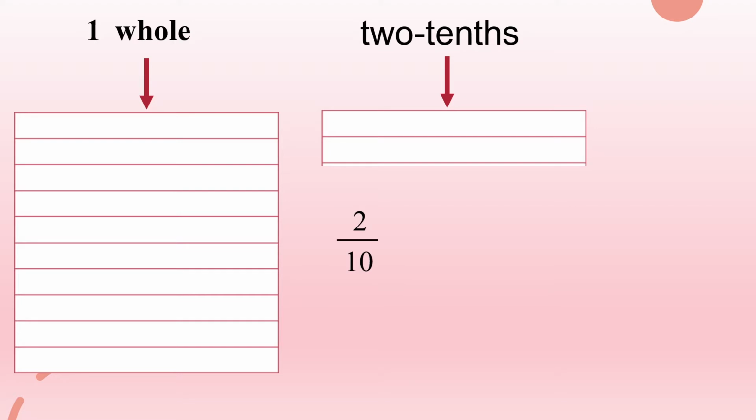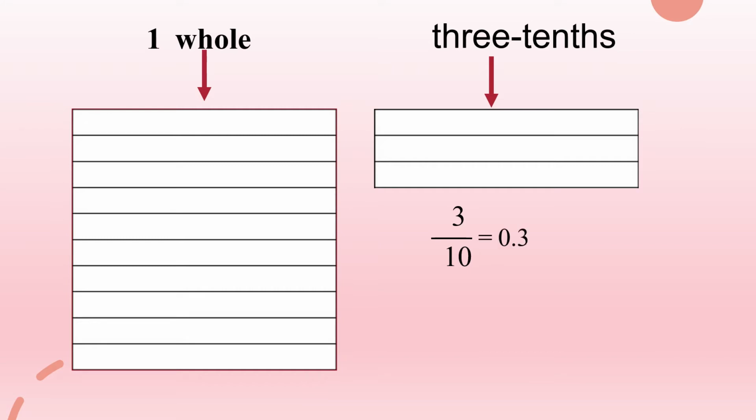We have one whole. Let us take 3 parts outside. Now what does this represent? 3 tenths, can be written as 3 by 10. So how can we represent it as decimal? 0.3.